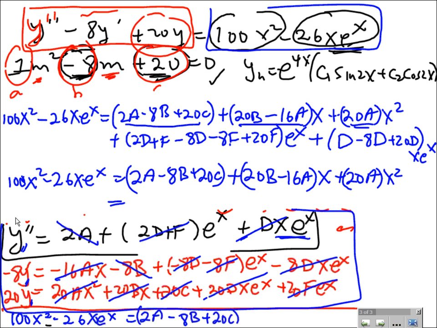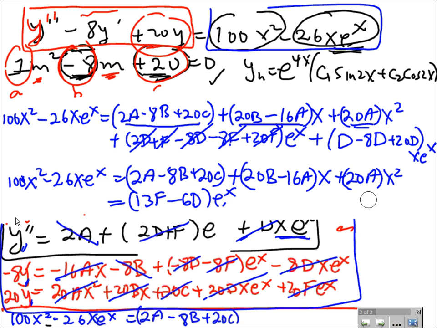For example, I have 20f's. I take away 8 of them. That leaves me 12. Plus one more f. That's 13f's. And if you have 2d and you take away 8 of them, you're at negative 6d's. That's how many e to the x's I have. Now how about x e to the x? Yeah, 20d's minus 8d's is 12. Plus one more is 13d's x e to the x's.